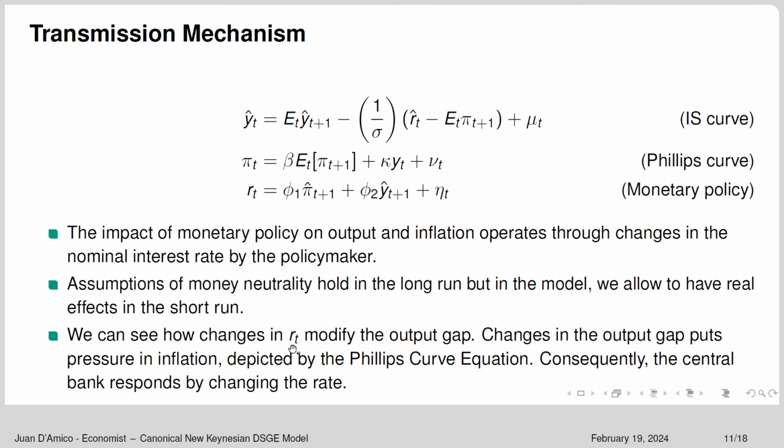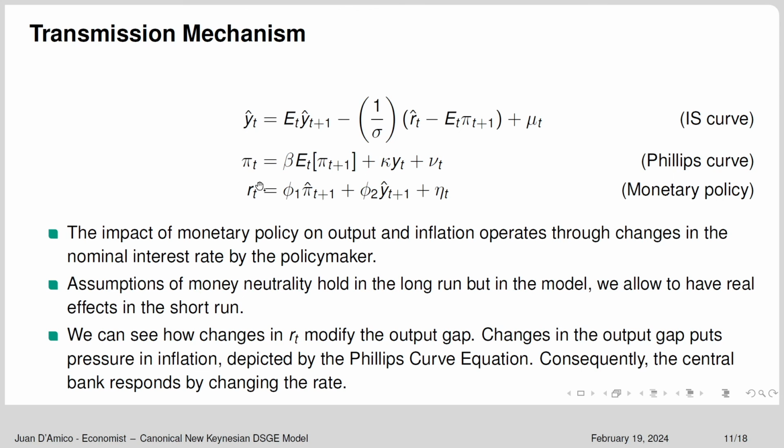We can see how changes in R, when we change R, are going to modify the output gap, right? So consequently, the output gap is going to put pressure on inflation, depicted by the Phillips curve equation.